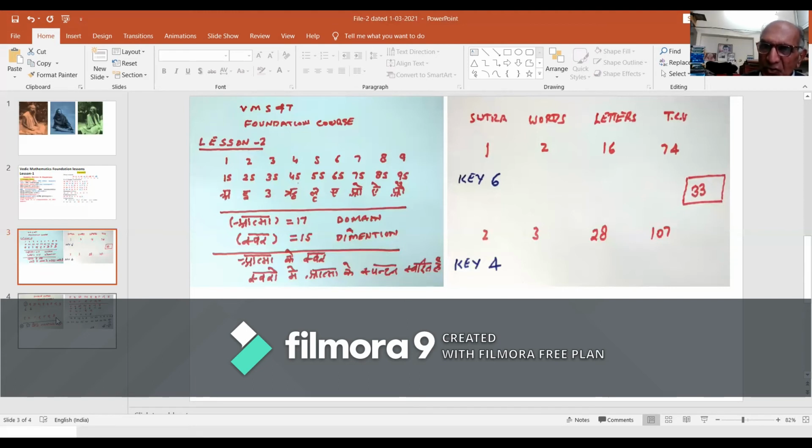The first two letters of the text of Ganita Sutra 2, Nikhilam Navashcharamam Dashatah, Ni, as well, are of total TC value 2 plus 8 is equal to 10.